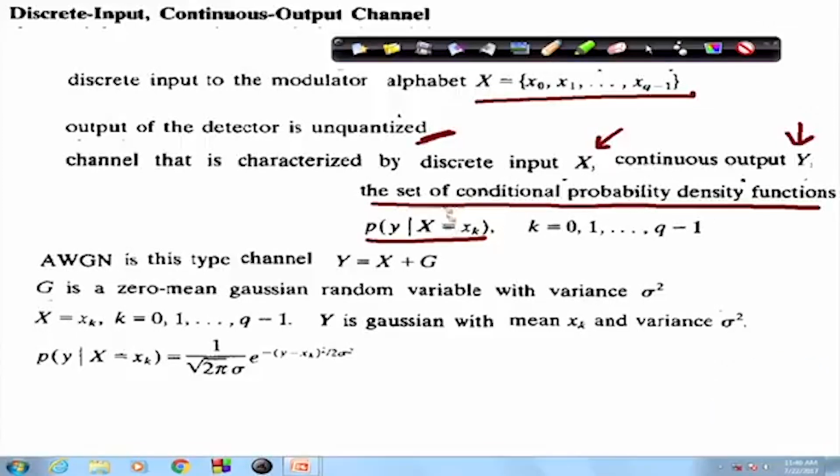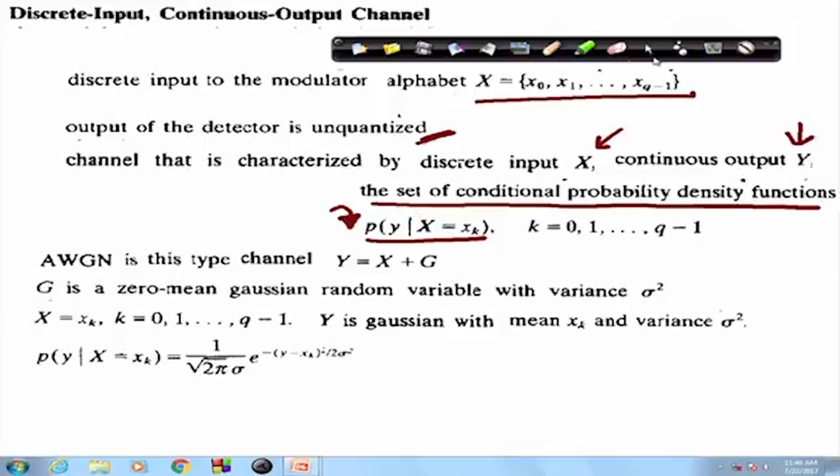Now you can clearly understand that these conditional PDFs carry information about the channel, that means, they are characterizing the channel. The noise impact is characterized into these transition probabilities.